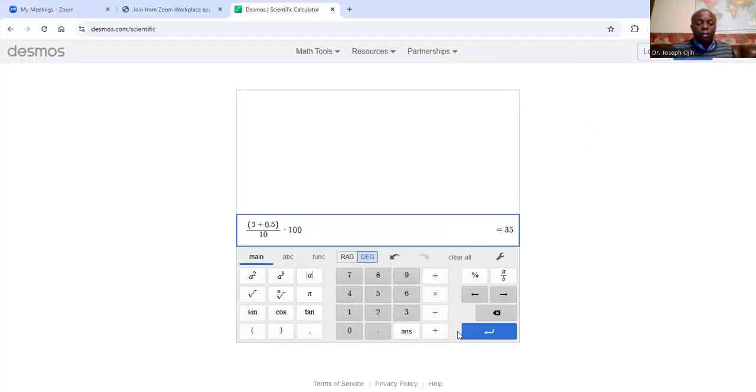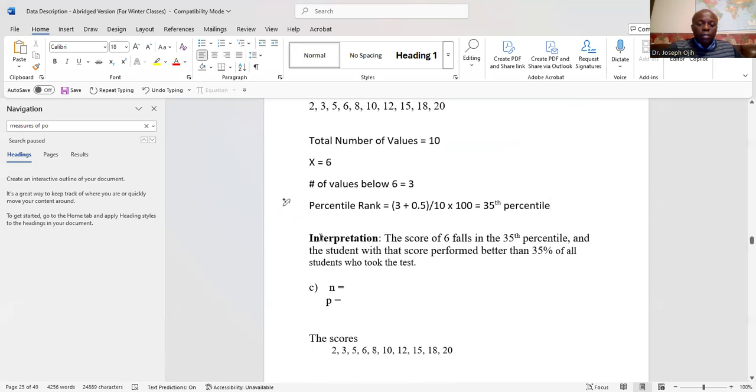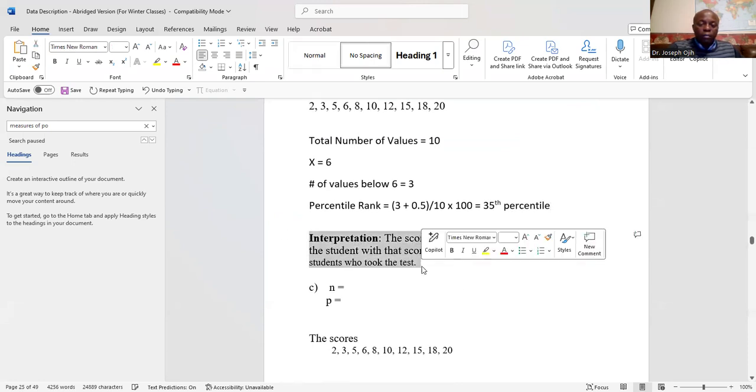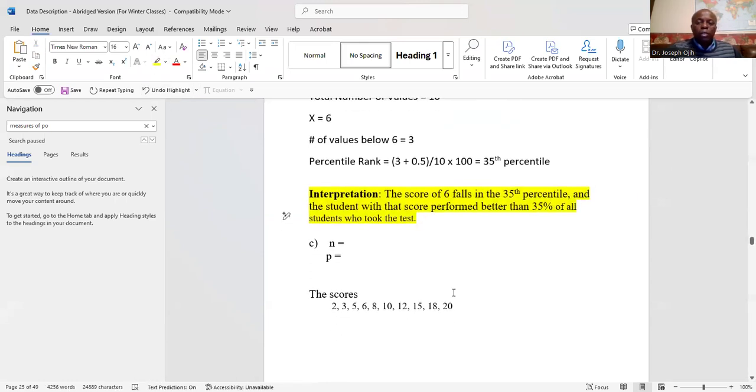That gives 35, so 35th percentile. Which means that the score of 6 falls in the 35th percentile, and any student who has that score performed better than 35% of the class.